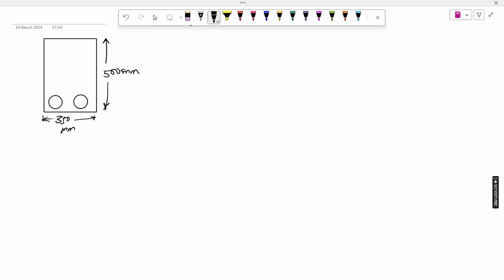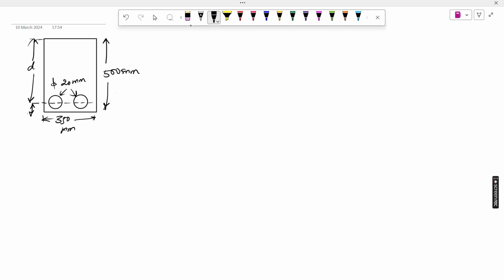So what is the effective depth if the dia of the bar is 20 mm? Both bars have a dia of 20 mm. So what is the effective depth? Effective depth is from the CG of the bars to the topmost fiber. This is your effective depth, that is d.